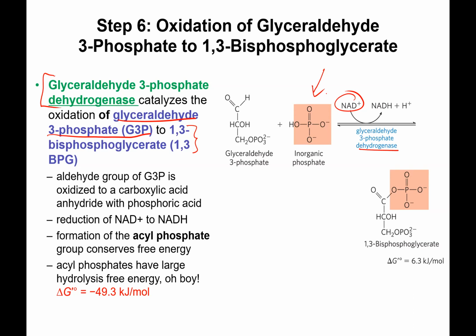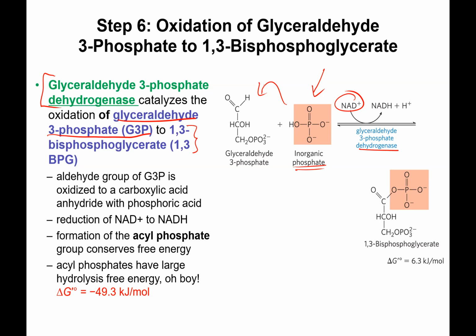Okay, this is a bit unusual, to be adding an inorganic phosphate directly to our substrate. That's just something to take note of. Why? Because it's not an easy reaction. It's not easy to add inorganic phosphates to biological molecules.